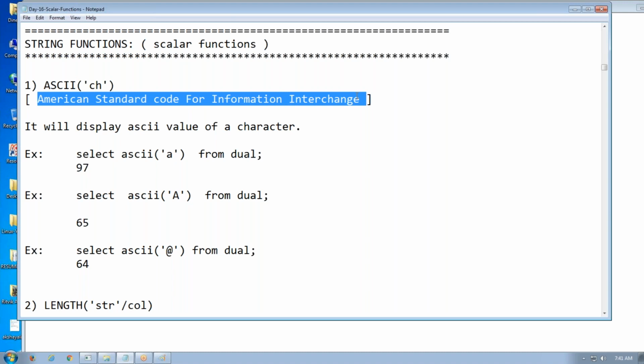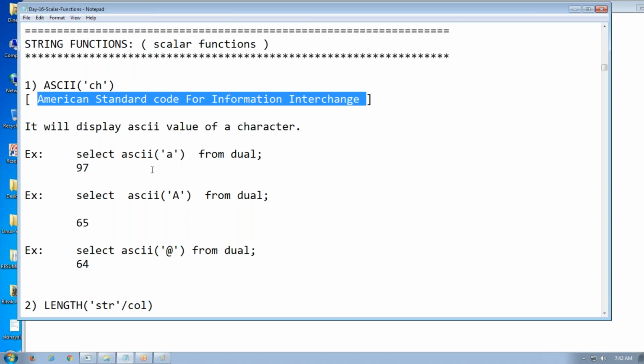If you hit that key, the ASCII code will be read by the operating system, and that code will be converted into a binary value. Then the operating system can understand which key you are typing. So what is ASCII code? It is a code developed by a standardization organization. Every character has an ASCII code value.